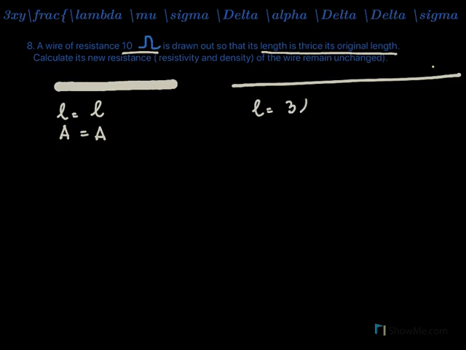The length will be 3L, with a new area of cross section. Let us call the first area A1 and the new one A2.